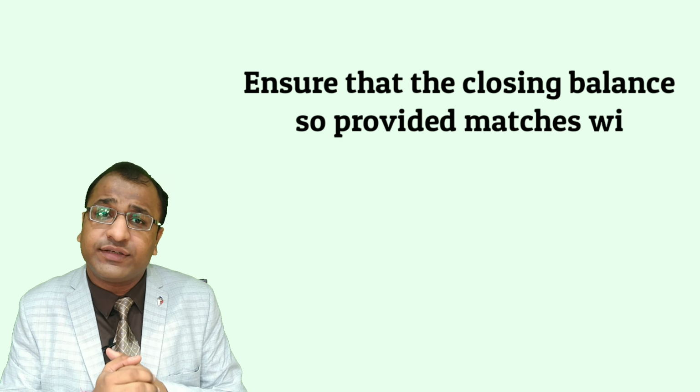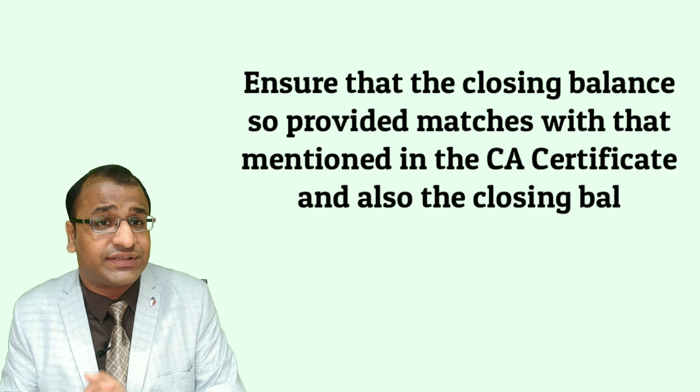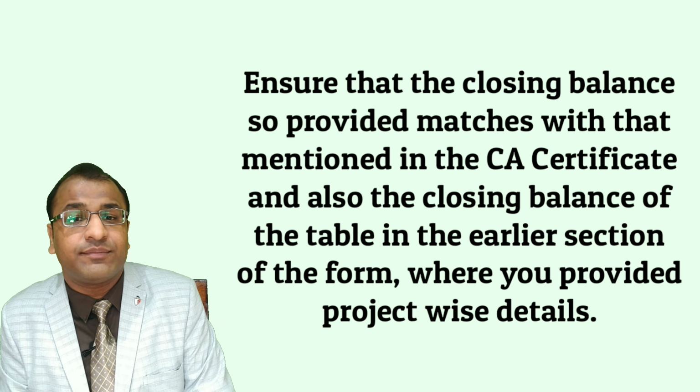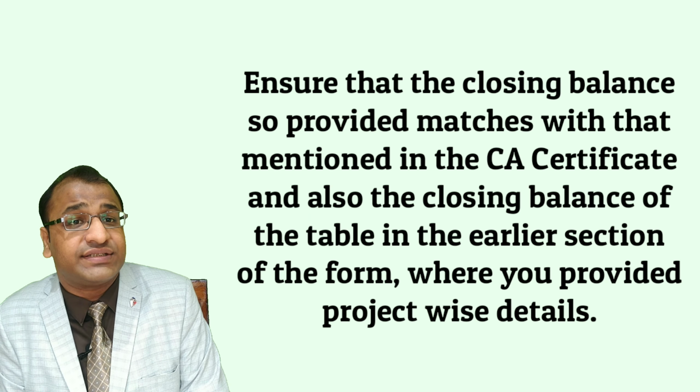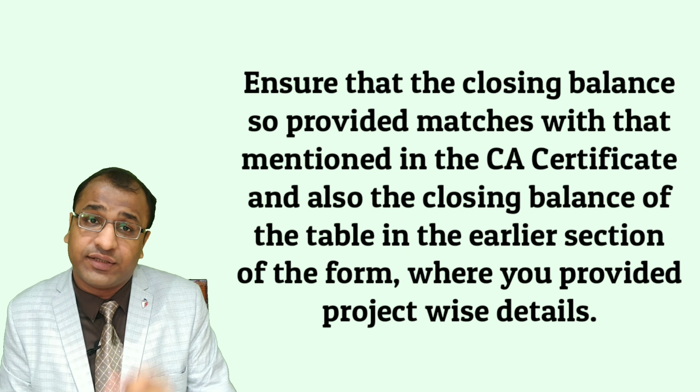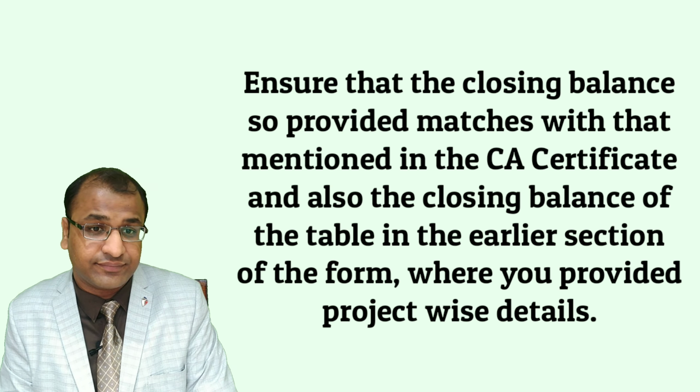Ensure that the closing balance so provided matches with that mentioned in the CA certificate, and also the closing balance of the table which is given in the earlier section of the form where you provided the project-wise details.